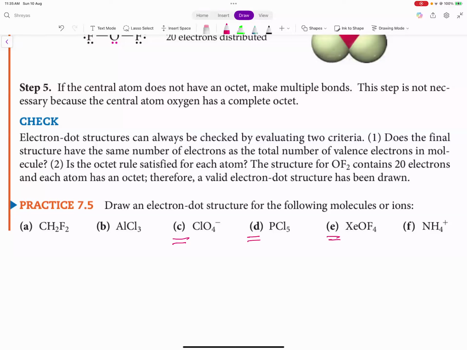Here you will have kind of an expanded octet, but draw where at least the other atoms, the group 2 ones, are following the octet rule.